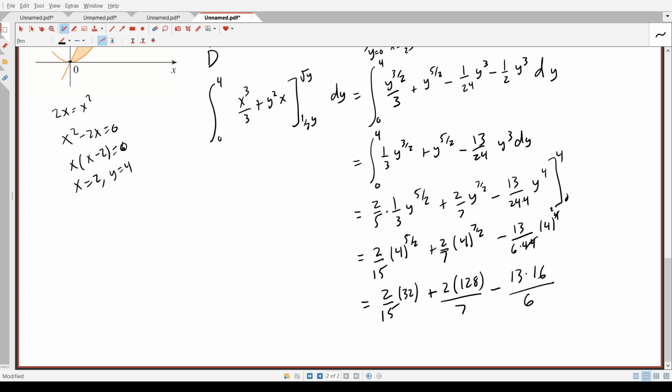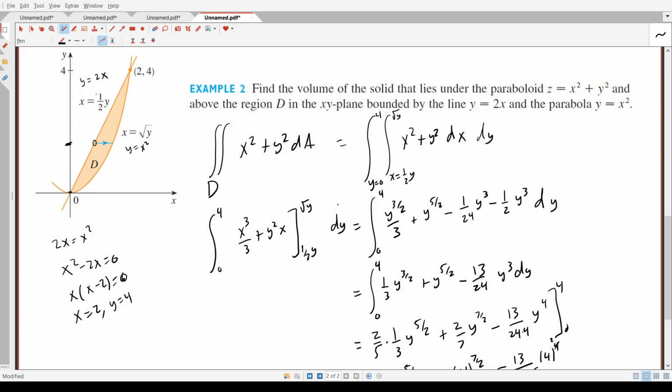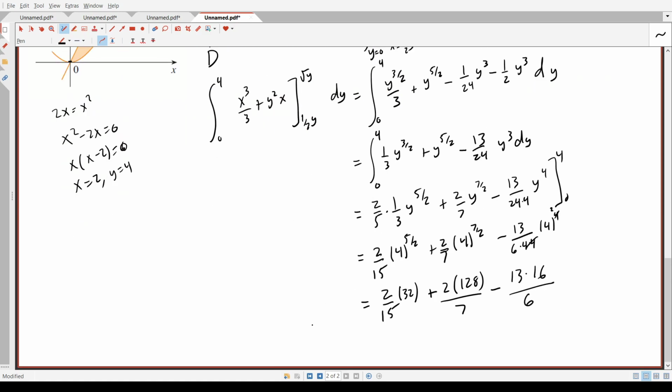Okay, so now that we've done that, I'm going to go back and do this the other way. If I wanted to integrate this the other way with respect to x first and then with respect to y, we have the same region. The region does not change, and that's the thing that makes this tricky.